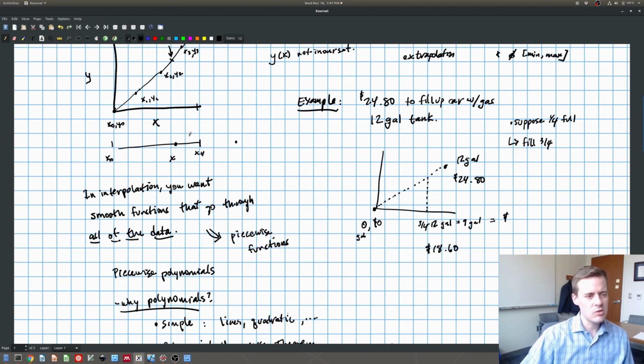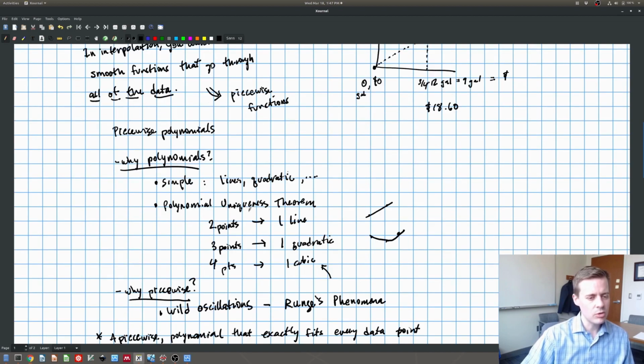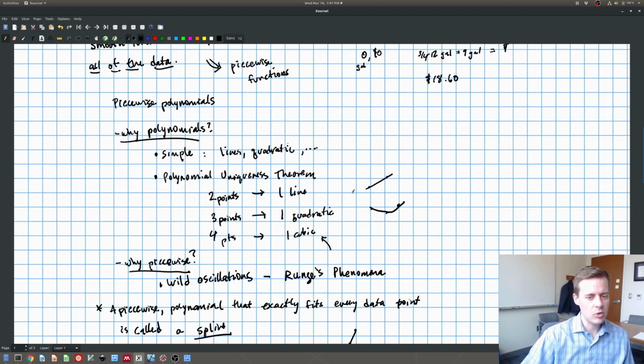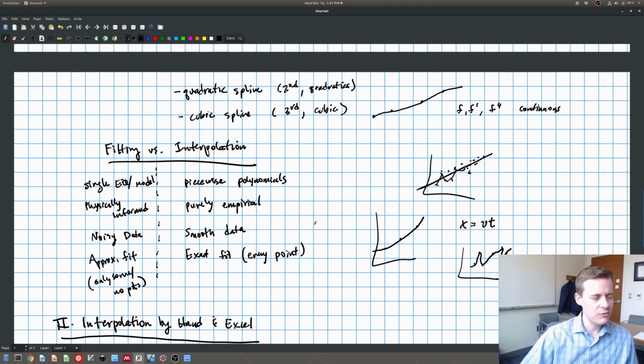We said we're going to do that by fitting piecewise polynomials because they're simple and we can fit an exact polynomial between just a couple points, and it avoids Runge's phenomenon where we get wild oscillations. And we said that interpolation was different from fitting because we did these piecewise polynomials and wanted smooth fits, as opposed to fitting where we had a single model for a bunch of noisy data.